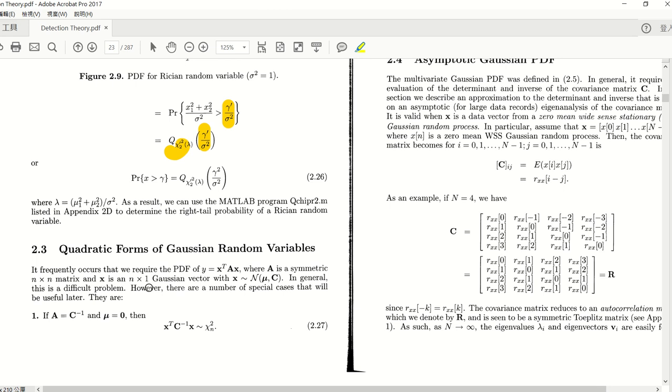When we say n by 1, it is a column vector: first element, second element, third element, fourth element, and so on. When we say 1 by n, it will look like a row: first element, second element, third element, and so on. That's 1 by n.